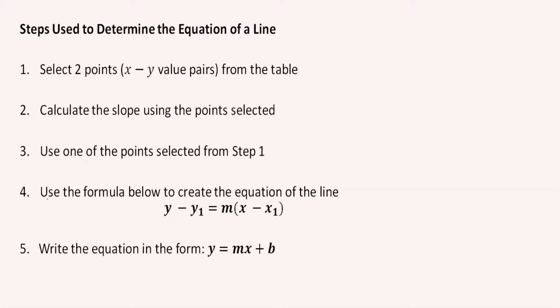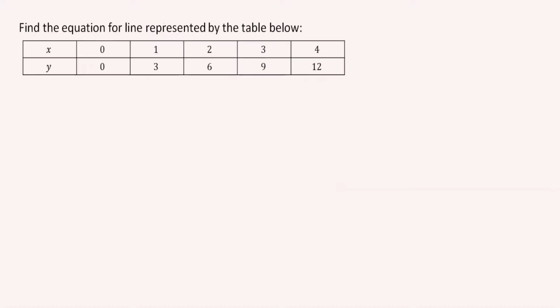And then we'll use the formula y minus y1 equals m, m is actually your slope, multiplied by x minus x1. And then we're going to write the equation in the form y equals mx plus b. Now let's go through some examples showing you how to do this.